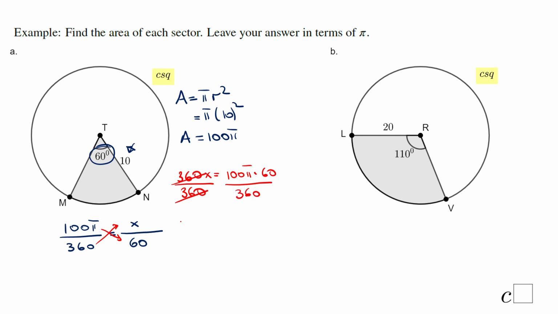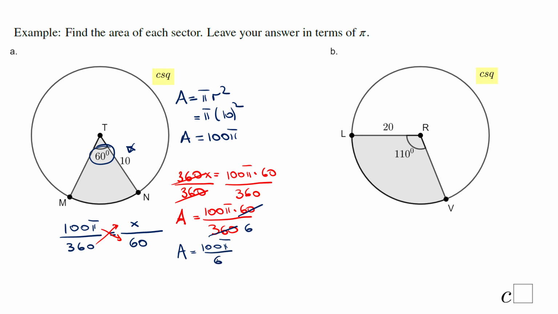And we have X equals, or the area of the sector, let me write like this now, is this expression: 100 pi times 60 over 360. Here you can simplify. 60 goes into 360 six times, and we have the area of the sector will be 100 pi over 6.